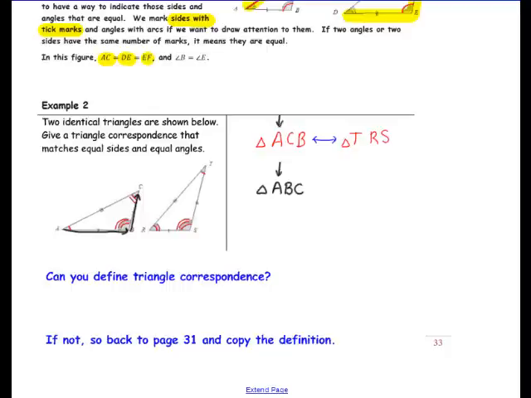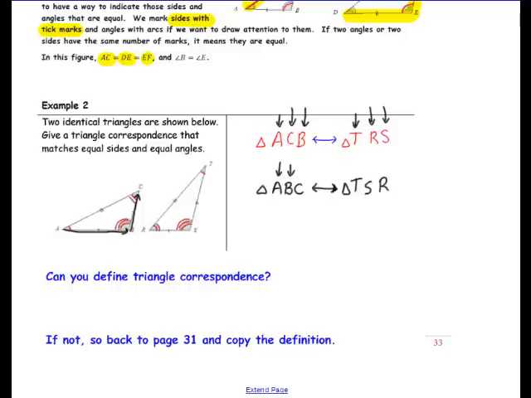So A corresponds to T, so that would be our first letter. B corresponds to, now again, that's the third letter, so that would correspond to S. And then C corresponds to the middle letter, which is R. So if you change the order, make sure that you're careful about writing it correctly.